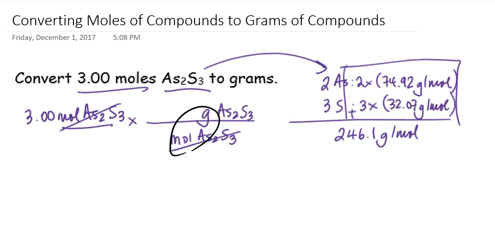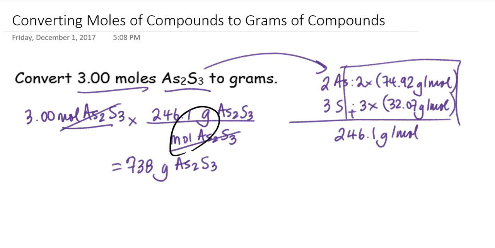I'm going to incorporate that into my dimensional analysis setup for the problem. What the setup is telling me is that I'm going to have to take 3 and multiply by 246.1, and if I do that, I get 738 grams of diarsenic trisulfide.